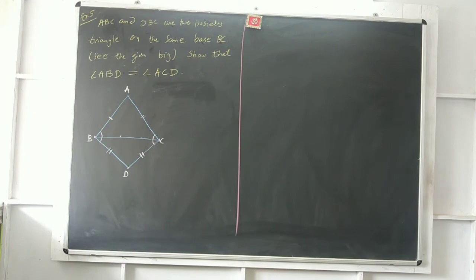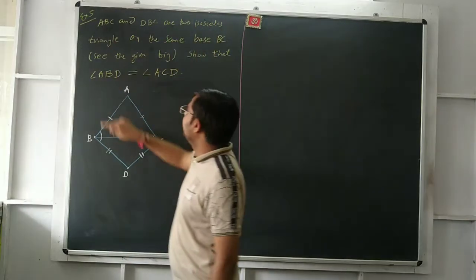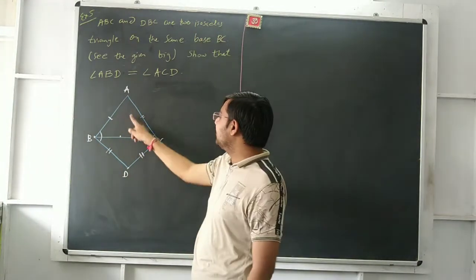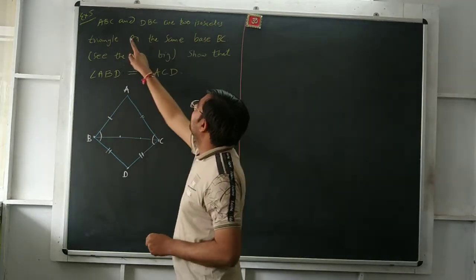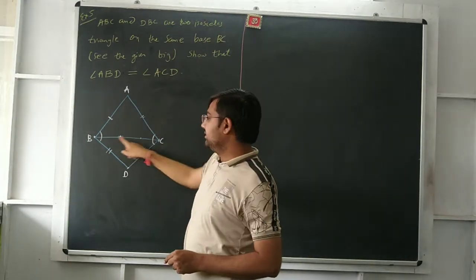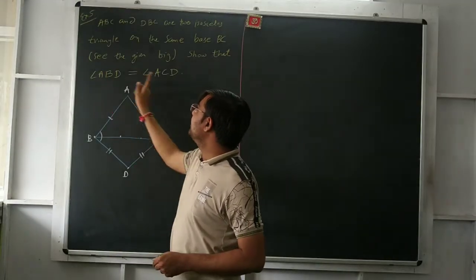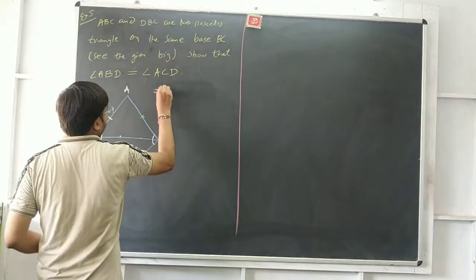Example number 5. In this question, triangle ABC and DBC are two isosceles triangles on the same base BC. So we have to prove angle ABD is equal to angle ACD. First of all, I can start here.